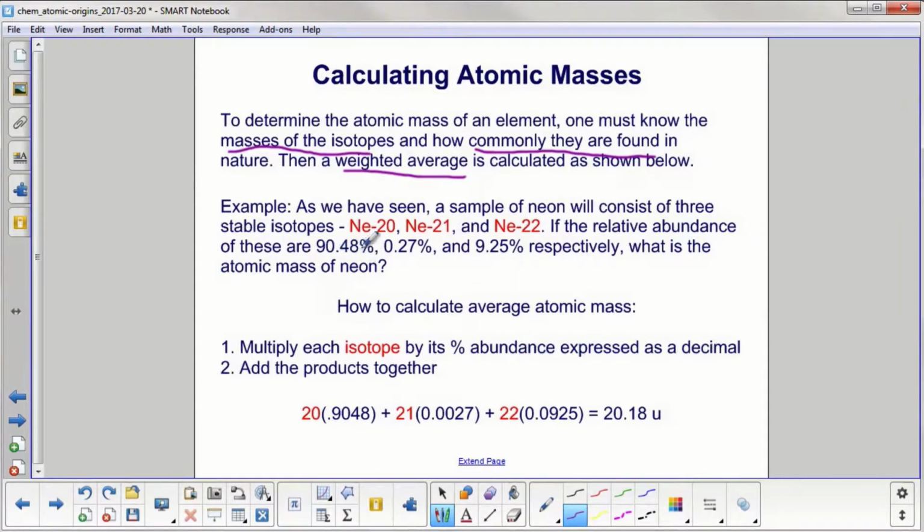So 90.48 will turn into 0.9048. This will be 0.0027. And then you just add all the products together. So here's neon 20 times its abundance, plus neon 21 times its abundance, and so on. You put them all together and you get 20.18 atomic mass units.